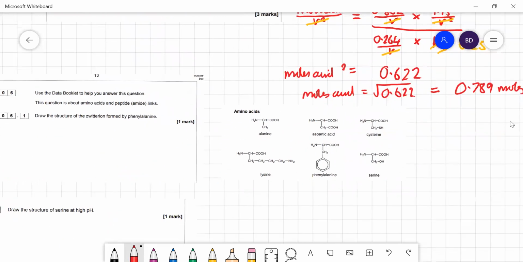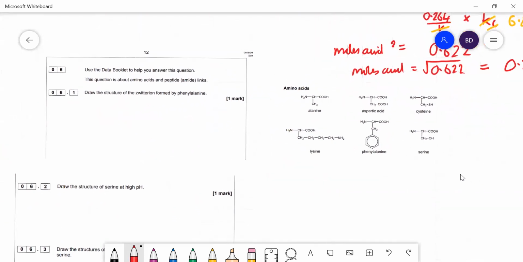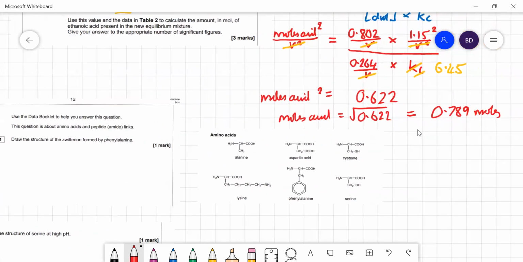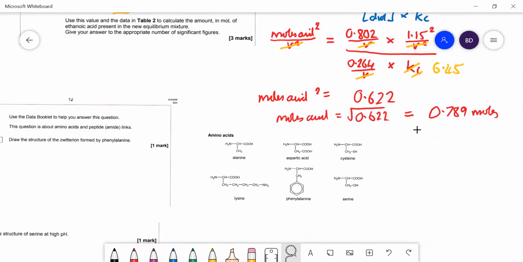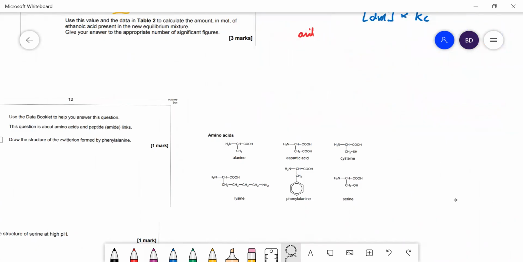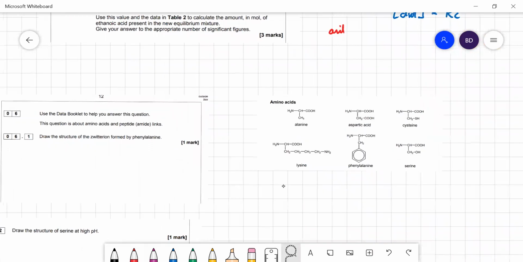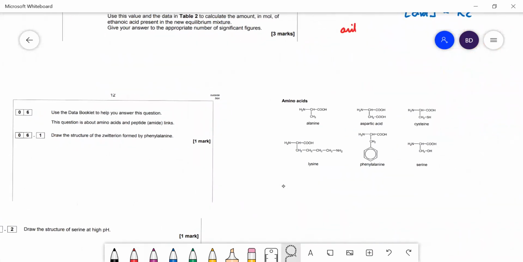Right, okay, now on to a bit of biochemistry. Use the data book to help you answer this question. I have pasted in the relevant bit of the data book there, just the structure of the amino acids. I'm going to get rid of this. Right, draw the structure of the zwitterion formed by phenylalanine.